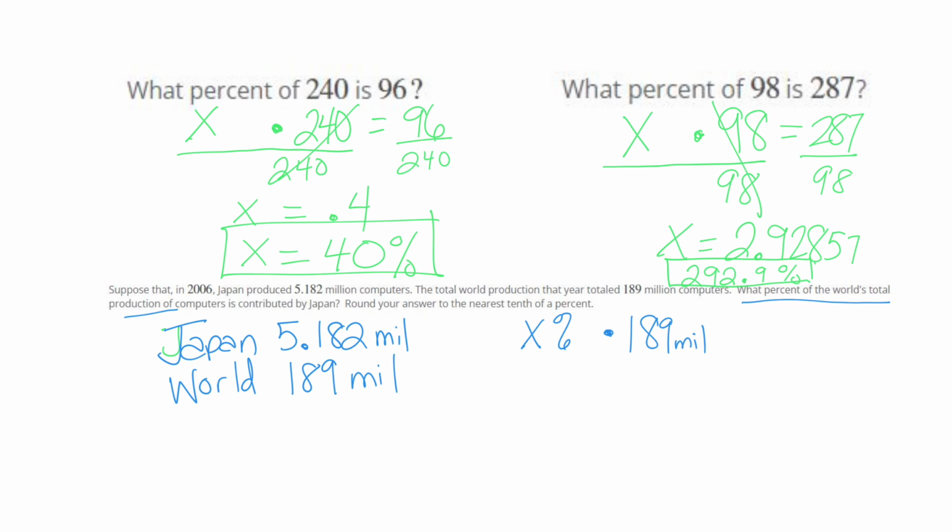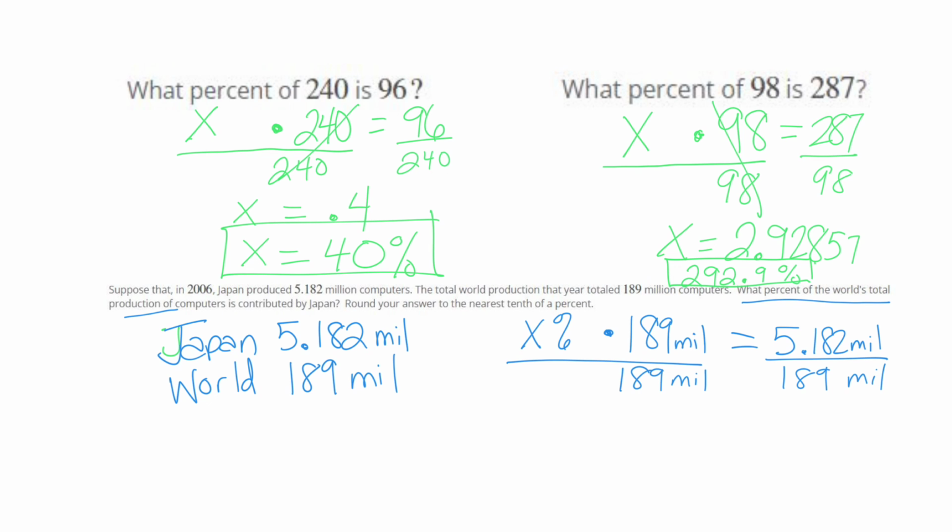So, sorry, got sidetracked. What percent of the world's production is contributed by Japan? That's 5.182 mil. So there's your little equation. You're solving for X. It's your percent. So you're going to divide by the 189 million. Divide by 189 million.